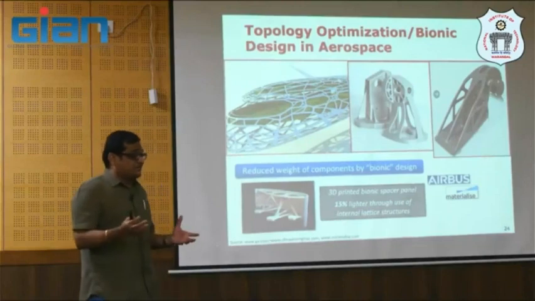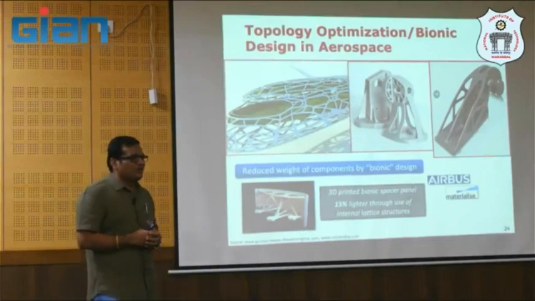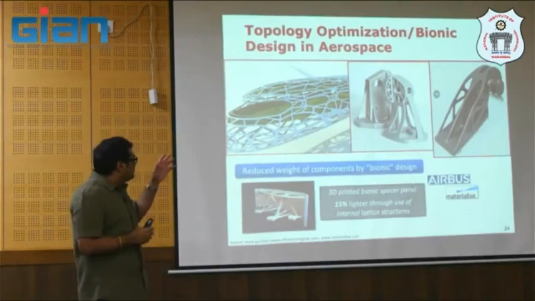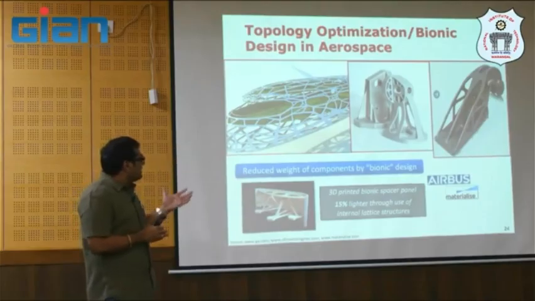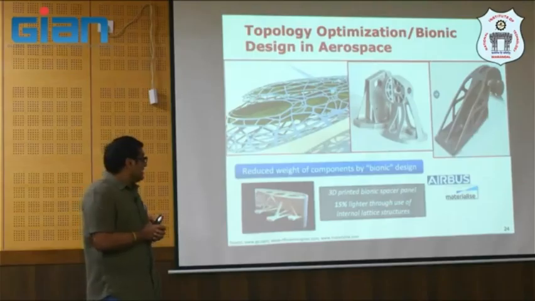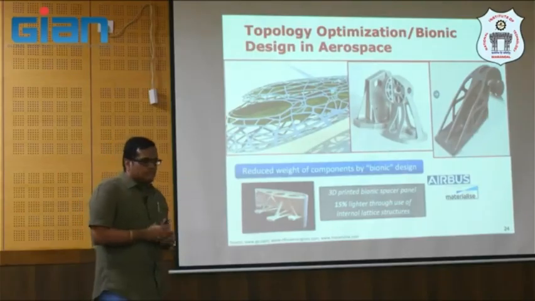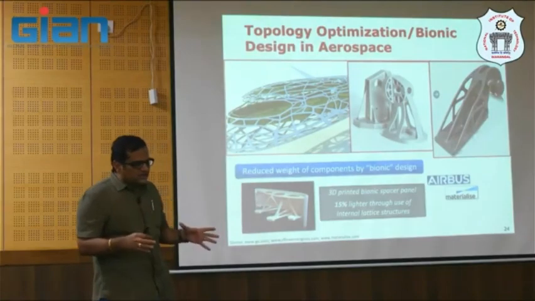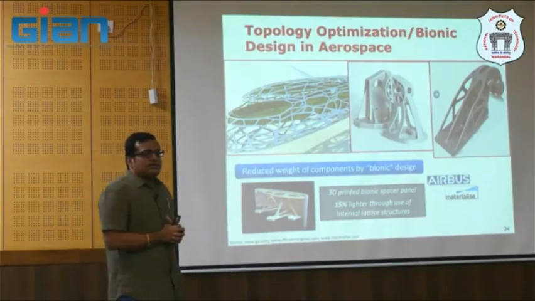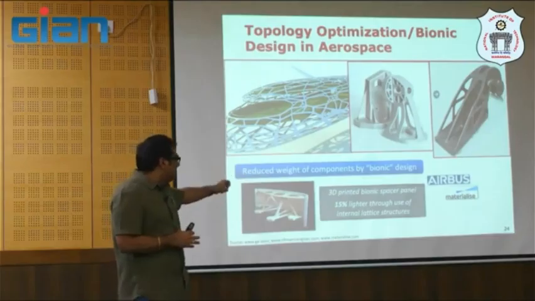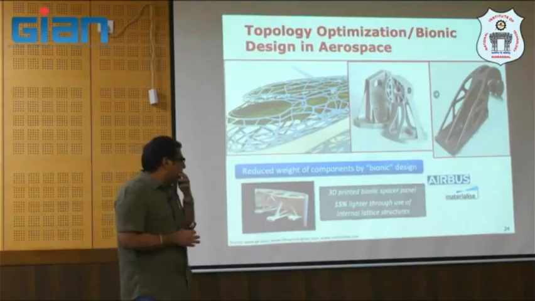Your complexity is free of cost. That's what we have been talking about, right? So you try to see all these topology optimized structures and bionic designs in the aerospace structures, from Airbus, Boeing, all these structural elements. The weight reduction is the major advantage here.